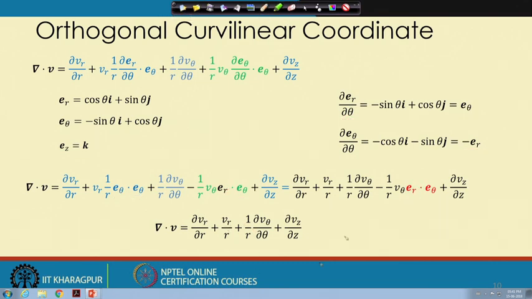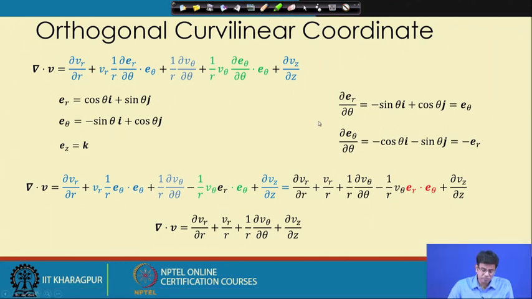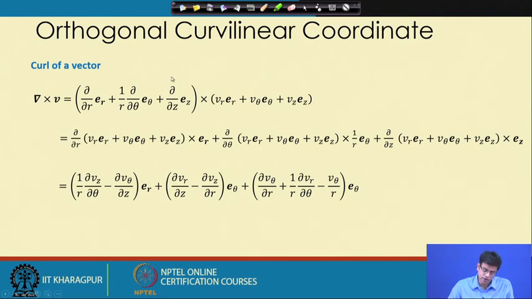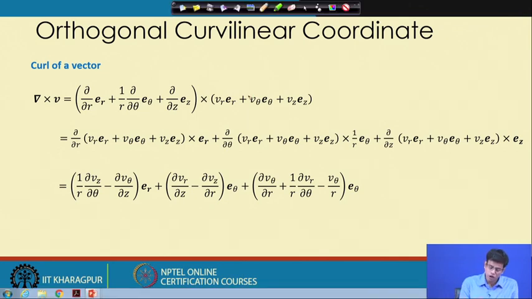Now with similar logic, we can extend it to the curl of a vector field, that is, the cross product. Similar to this, we can just expand it with the cross product. Individually you have to take the cross product with Er, ∂/∂r of that vector V, then ∂/∂θ of vector V cross product with (1/r) Eθ, and then the cross product with Ez.